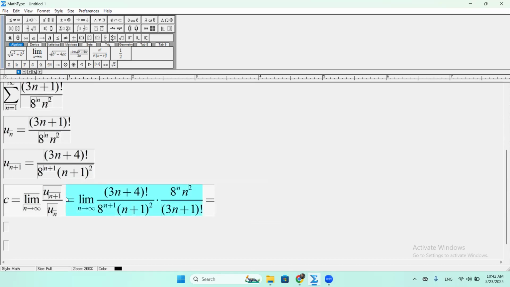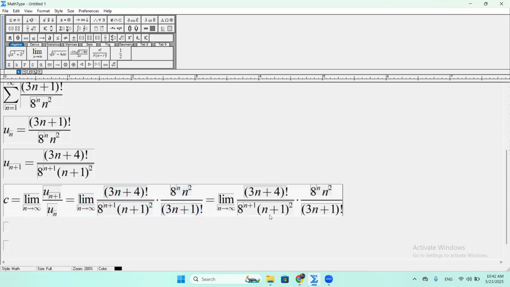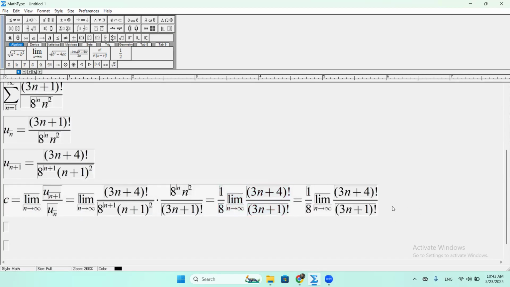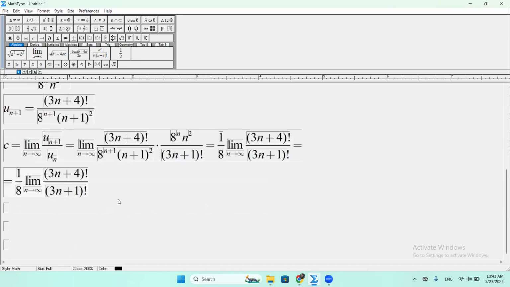What can we simplify now? Actually, n plus 1 square and n square are equivalent when n approaches infinity. What about 8 in power of n? I will cancel 8 in power of n, so here 8 will remain, and I will move it here. So having the following limit. Now let's also rewrite this limit and transform this factorial.